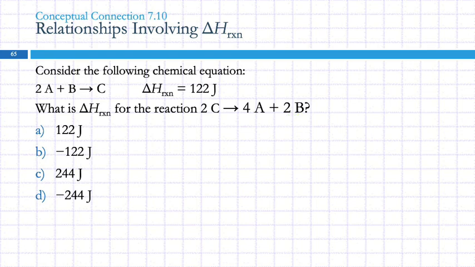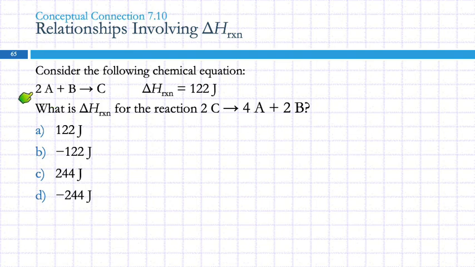So we need to think about what happened to this chemical equation to make it look like this. There's two things that happened. It was flipped and multiplied by 2. There's a multiplying by 2, right?